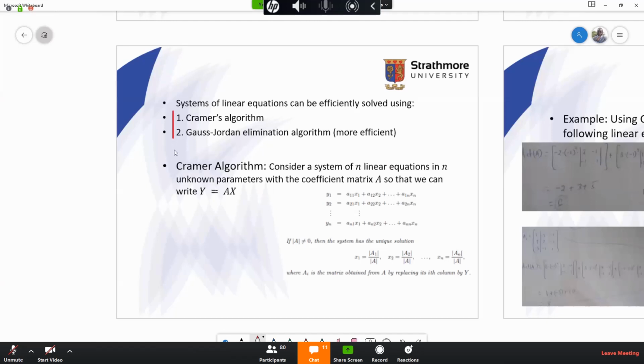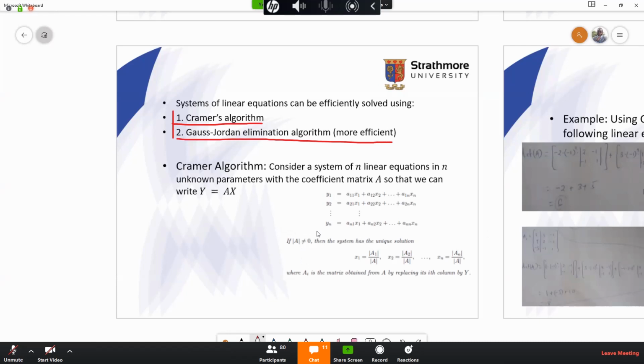There are other ways like graphing, etc. But Cramer's algorithm and Gauss-Jordan elimination, these are the main ways. So Gauss-Jordan, you should actually know it, and then maybe see Cramer. You won't be able even to see it, but it is part and parcel of the algorithm that you're implementing.